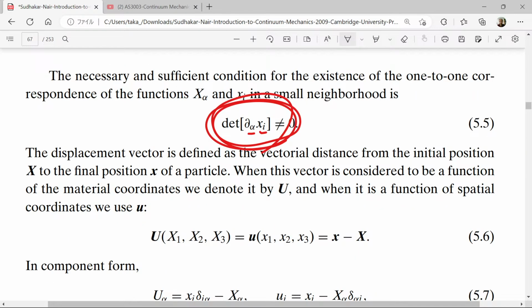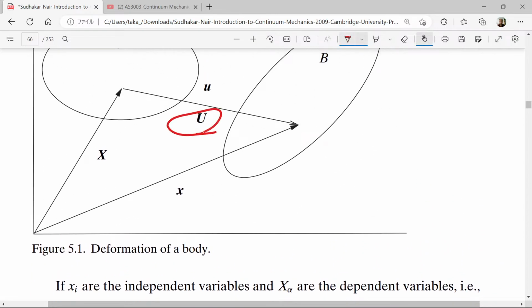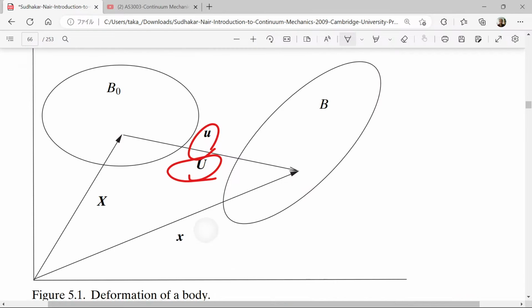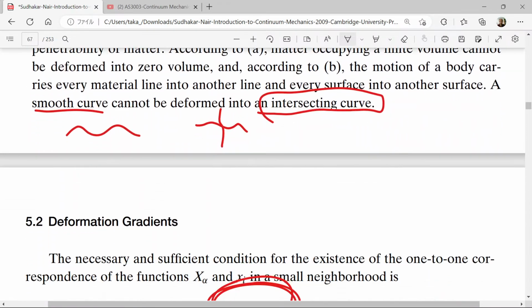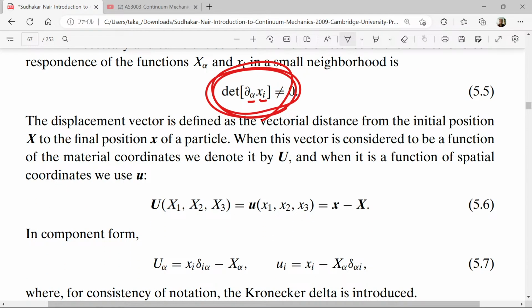Displacement vector is defined as a vectorial distance. Yes, vectorial distance. This is this. What is this one? From the initial position large X to the final position small x of a particle.